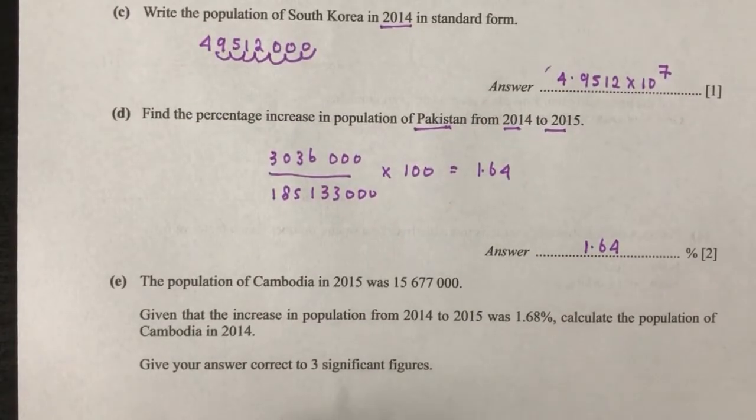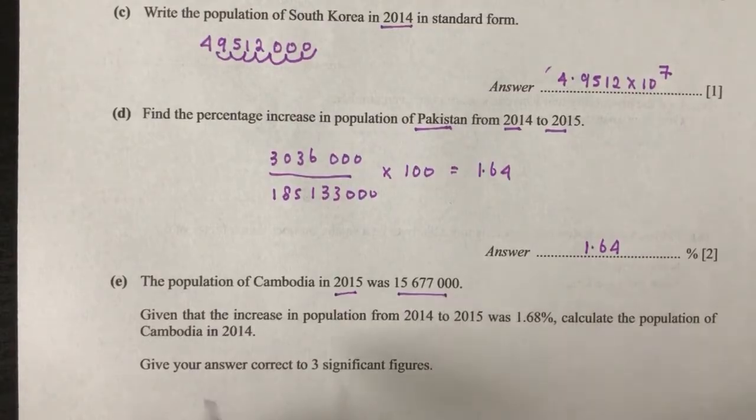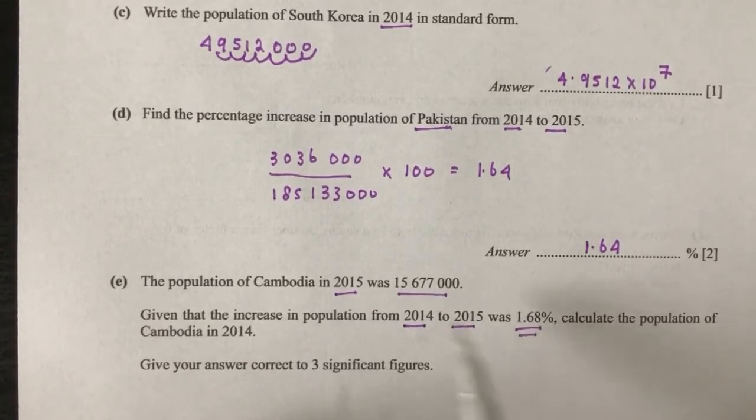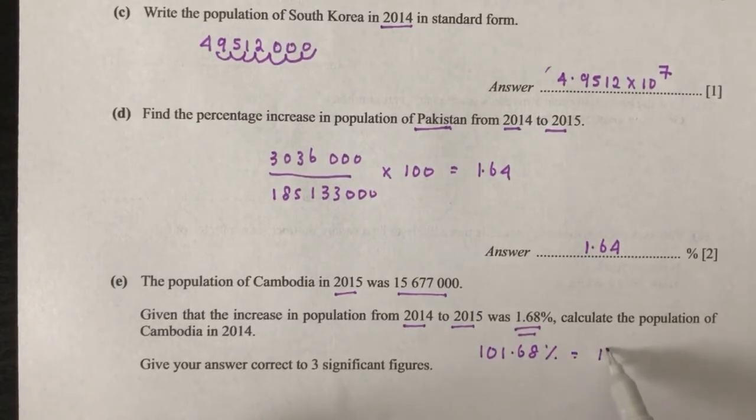Now part 2. The population of Cambodia in 2015 was this much, given that the increase in population from 2014 to 2015 was 1.68%. So 101.68% is equal to this one, which is the population in 2015.